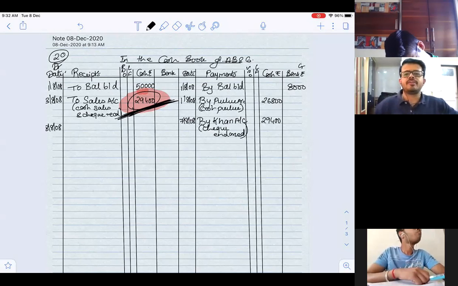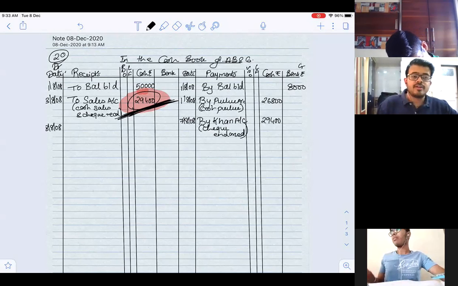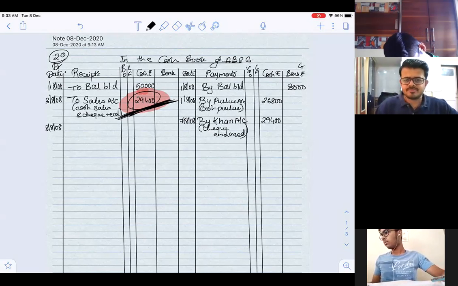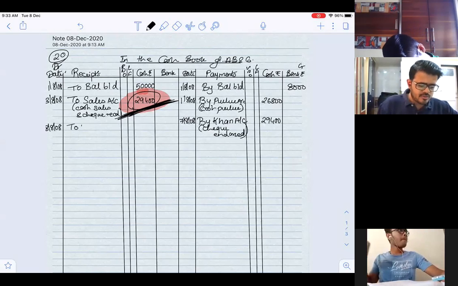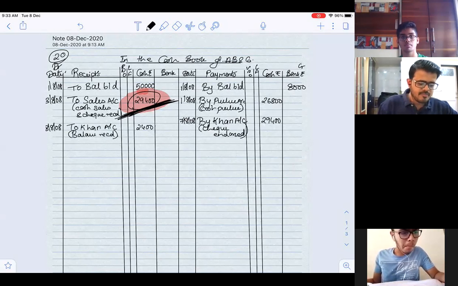What entry will be passed for that? That is paying in normal cash, no check involved. So what entry will pass? It will be simply cash to Khan. So cash में to Khan, cash column 2,400. This is balance received.